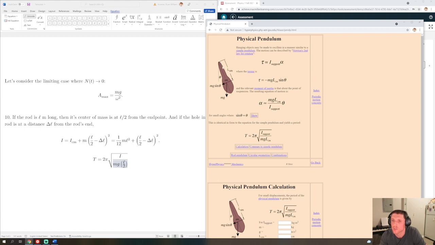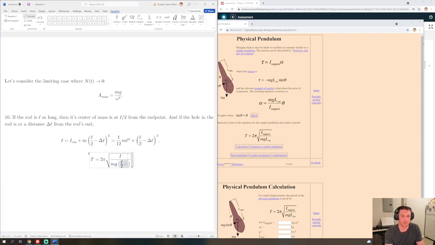It's the distance from the center of mass to the axis of rotation, which in this case actually is going to be the same term that we had before. It's going to be this.